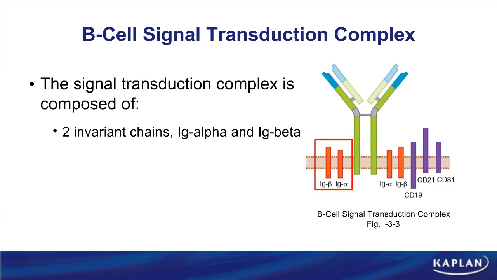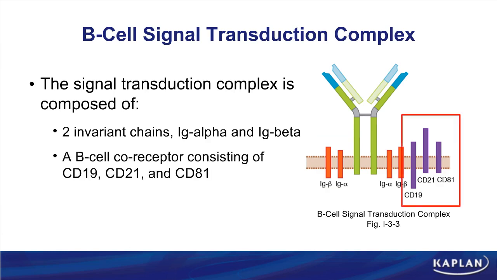Those are two invariant chains that associate with every B cell receptor in the B cell membrane, and they are responsible for the signal transduction that is necessary for B cells to become activated and to proliferate. You also see next to that what is referred to as the co-receptor that includes CD19, CD21, and CD81. Functionally, the co-receptor helps to lower the threshold of antigen needed for any given immune response.